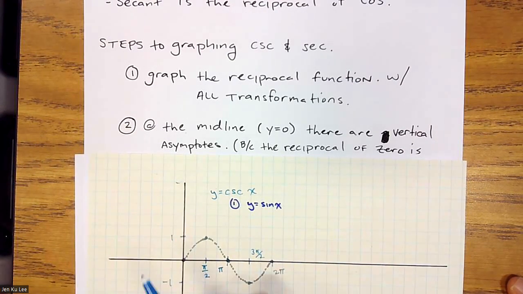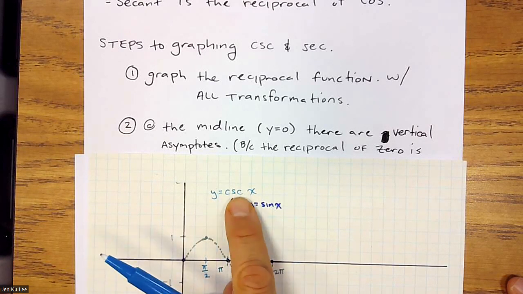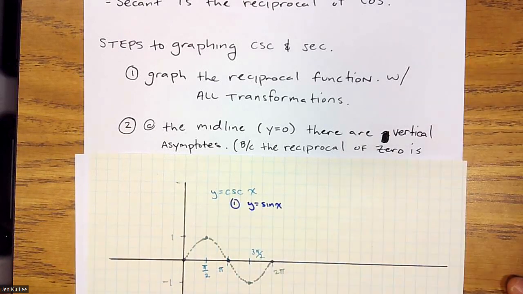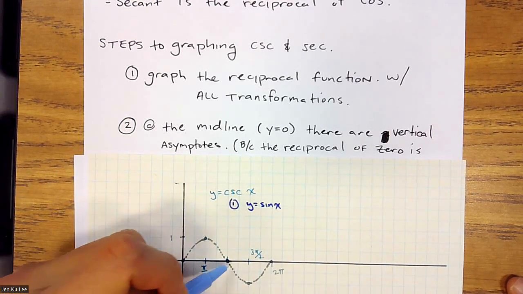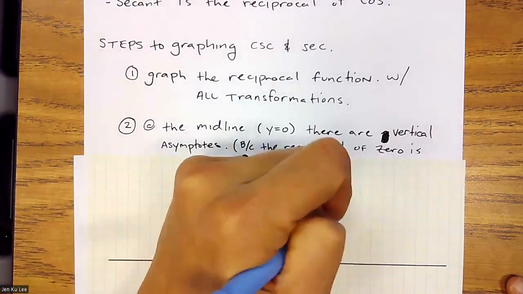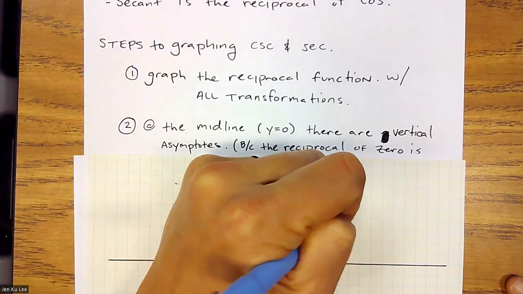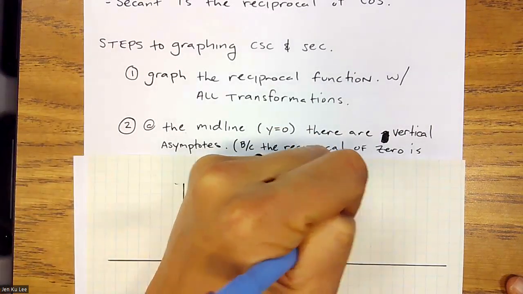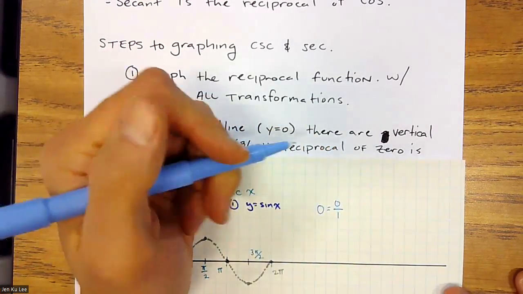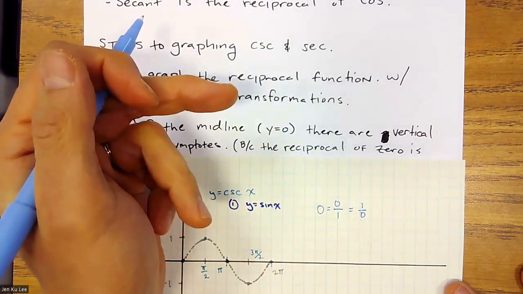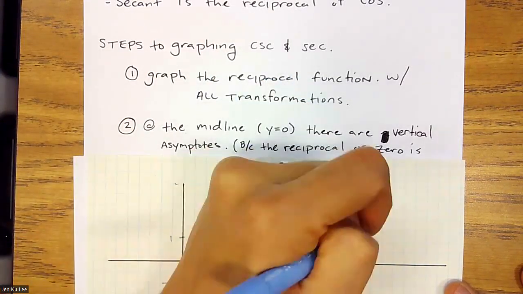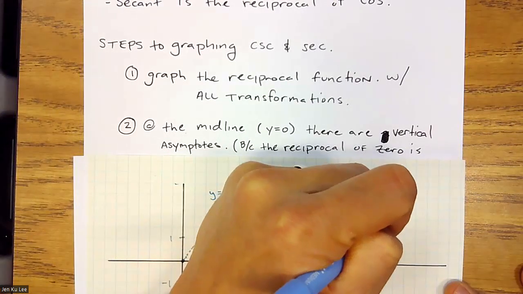Remember that we're eventually going to graph y equals cosecant of x, which is the reciprocal of sine. So the reciprocal of 0, which is 0 over 1, is 1 over 0. We just flip it, correct? So it's 1 over 0, which is going to be undefined.